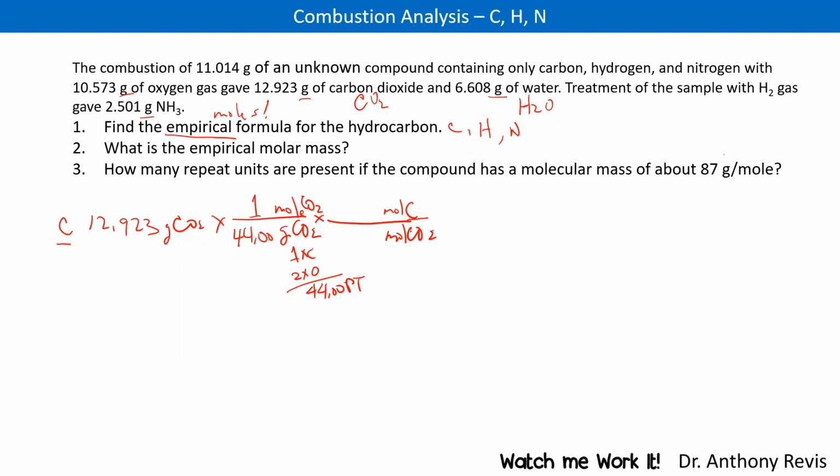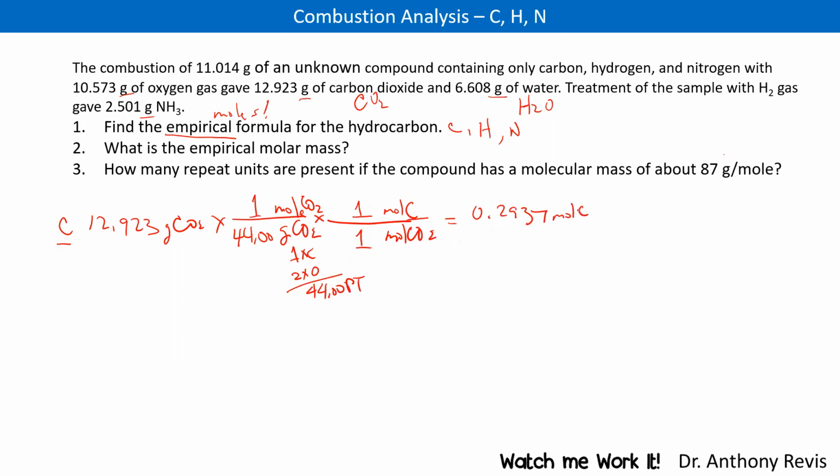Next, I look for the interconversion factor. So I know I have 1 mole of CO2 and I only have 1 carbon in it. I just simply read it, count it, and it's there. And so it's a 1-to-1 molar ratio here. So if I run these numbers through my calculator, I get this value for the moles of C.